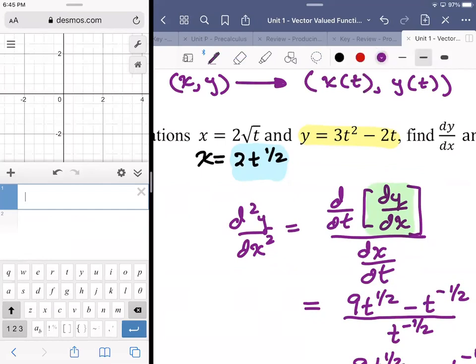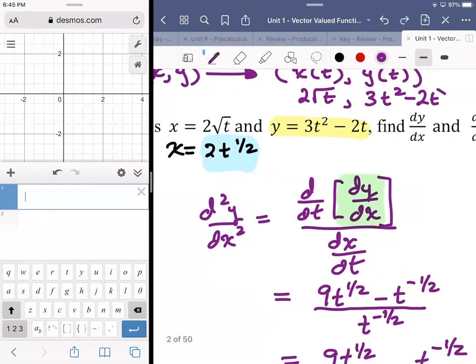My t looked a little off there, so I'm fixing it. So instead of just x equals 2, y equals 1, 2 comma 1, plotting the point, I can now say x is an expression in terms of t. I can say 2 rad t, comma 3t squared minus 2t. Let me close the parentheses.